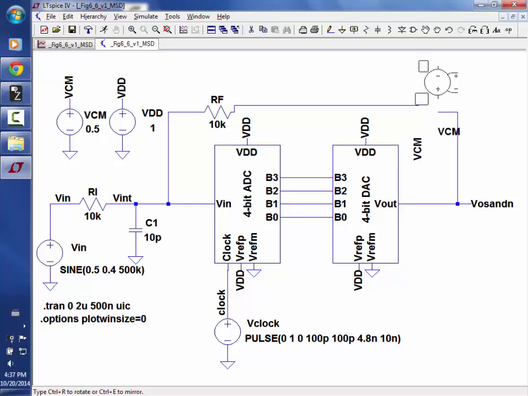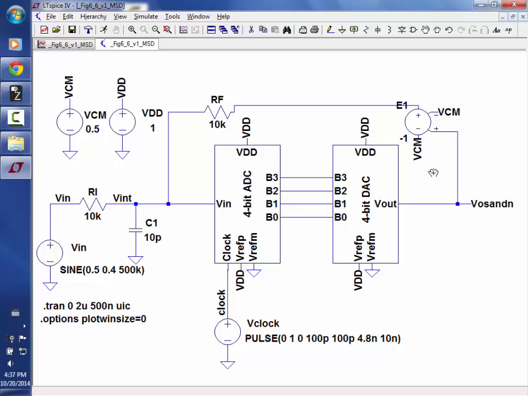So let's do Control R, Control E. Let's do that. Then we want to move this, and then move this. I could have left it the way it is, but this makes more sense. So I get this minus VCM times -1 plus VCM here.